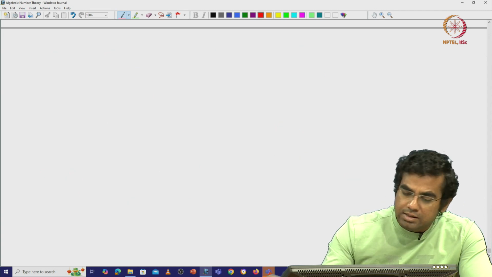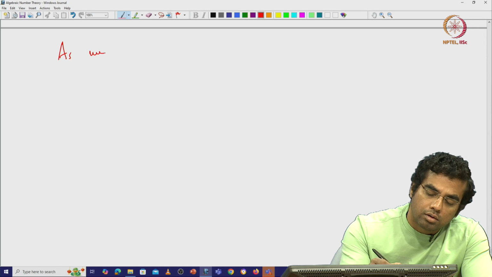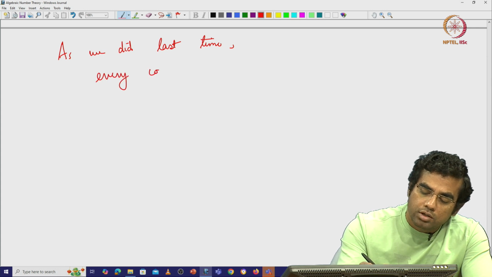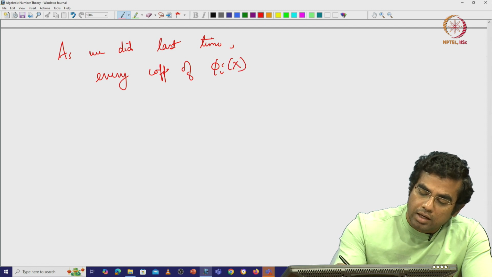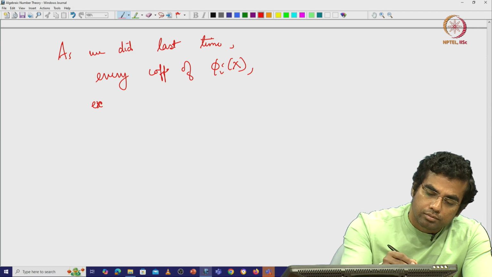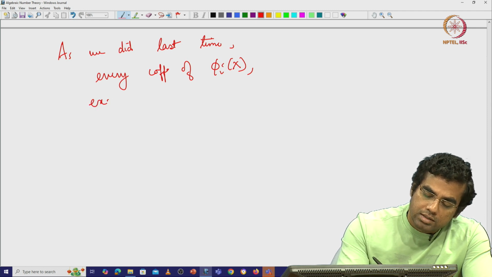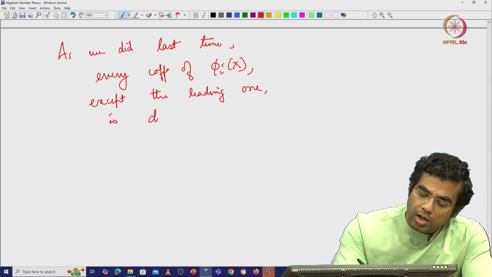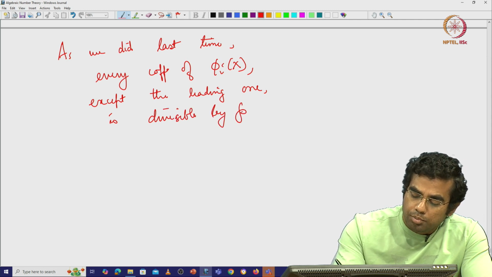Then as we did last time, every coefficient of phi_i of x except the leading one is divisible by small p.